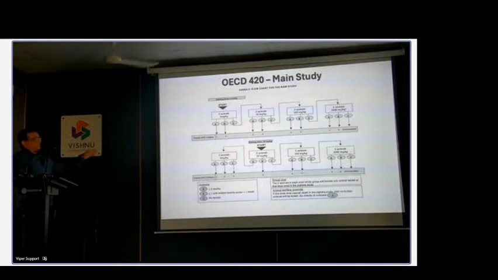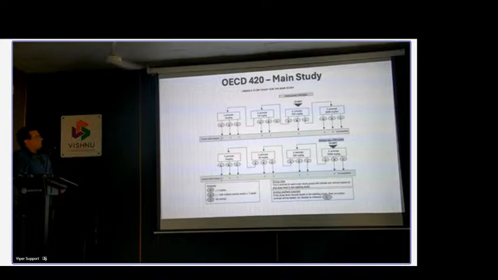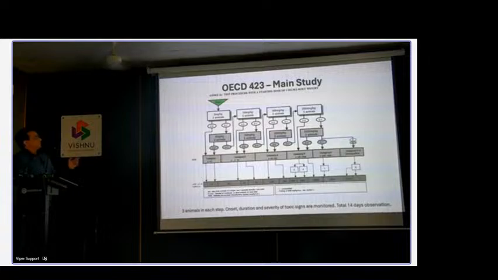And you can scale up or down depending on where you start. So this is for the 300 and 2000. All these guidelines can go up to a 5000 dose if required, but 2000 is usually the limit dose. So this is another guidance. This is the stepwise. In the first step, you would conduct the 3 animal studies.